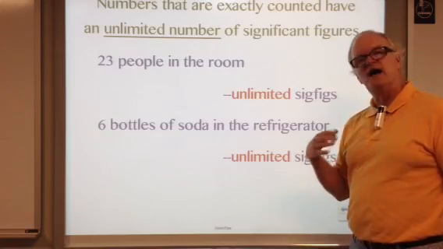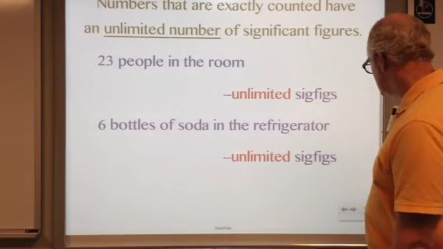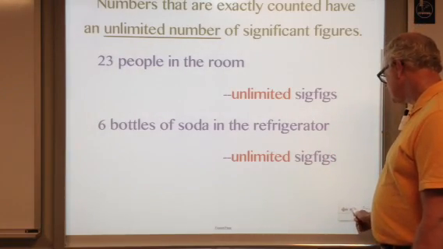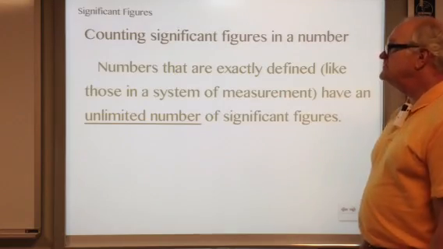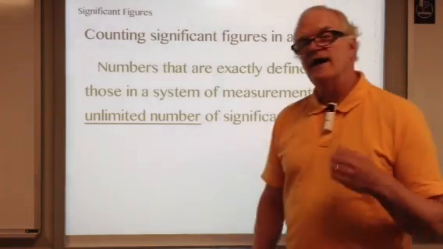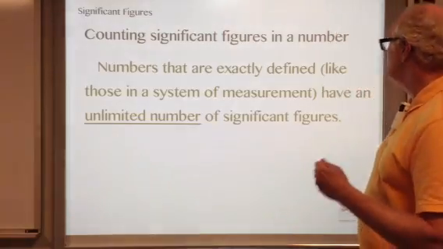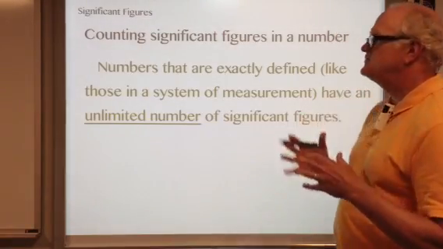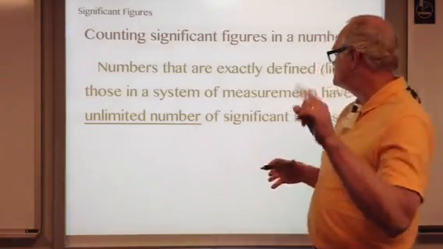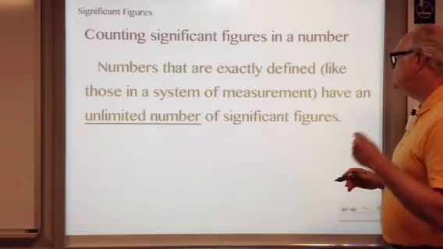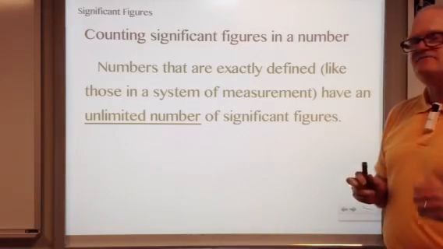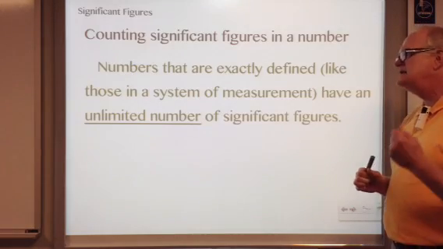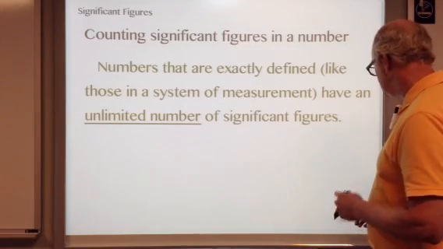That number has an unlimited number of sig figs. Here's another situation. Numbers that are exactly defined, and often what we're talking about is the numbers in a system of measurement. We'll see what that means in a minute. When we say that the numbers are exactly defined, we say that they have an unlimited number of significant figures.